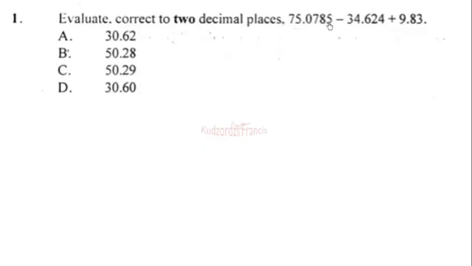75.0785 minus 34.625 plus 9.83. So we add these numbers to obtain 50.2845. We start counting from the first number after the decimal point, 1, 2.